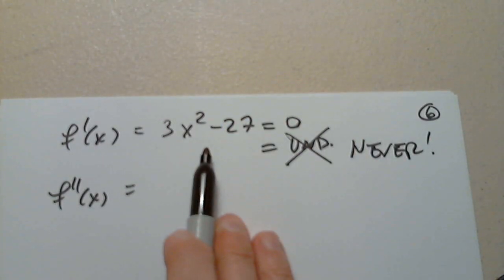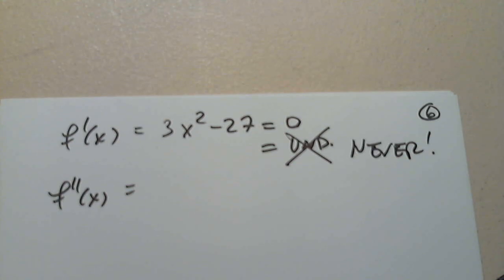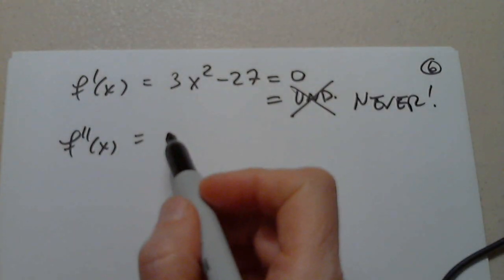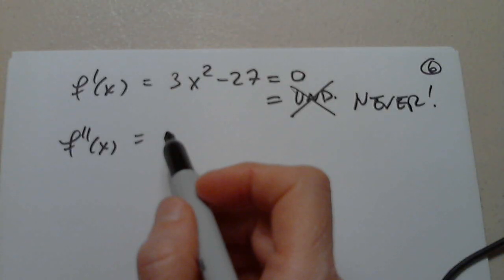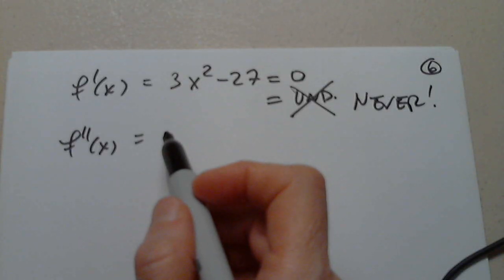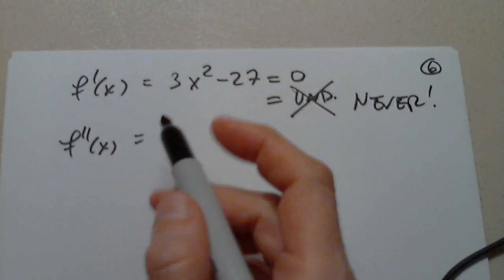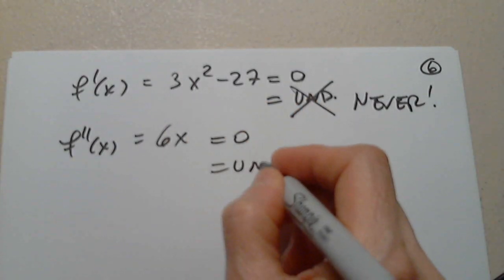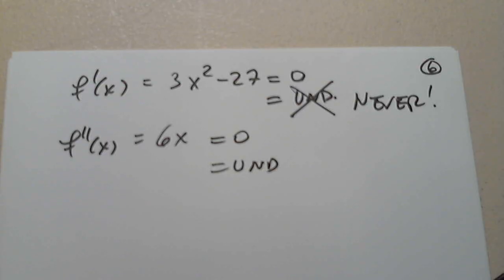So can anyone differentiate this function again to find the second derivative? Just 6x. Excellent. And of course, we're going to set it equal to 0 and undefined. Which of these two makes no sense?